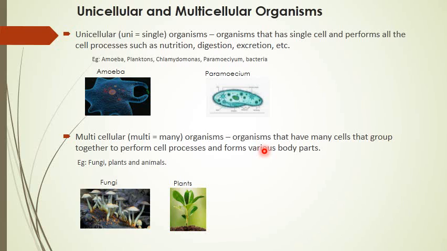Since they are grouped under one and are performing one such function, they become one of the parts of it. For example, fungi, plants, and animals. Okay, these are the multicellular. They have many cells inside, each of which performs special and specific functions.